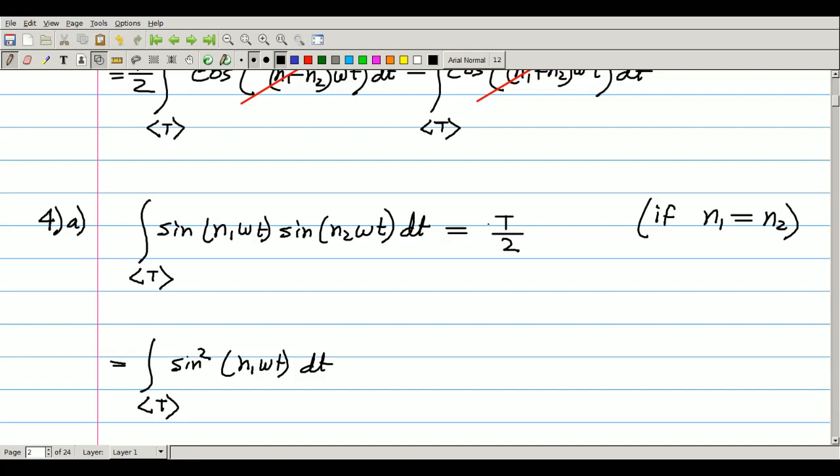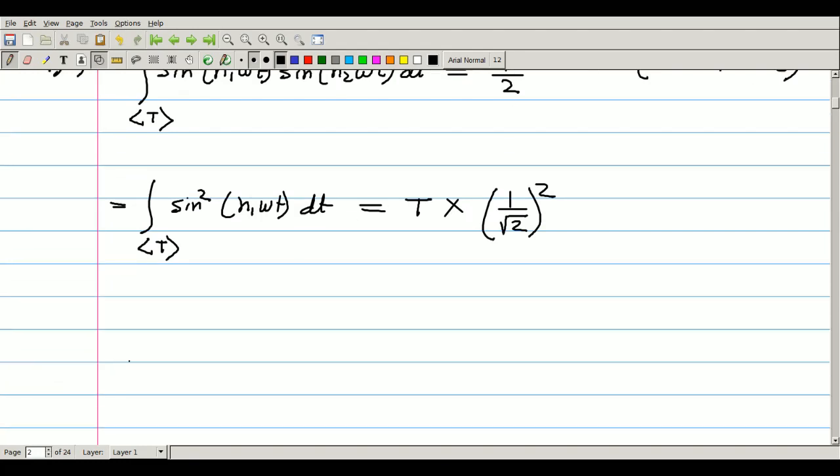To prove this is your homework, but it is easy to remember because the result will be equal to the total time interval T multiplied by the average value of sine square. The root mean square value of sine is 1 over root 2, so mean square value or average square value is half, and if you multiply the average value with the total time, you will get T over 2.